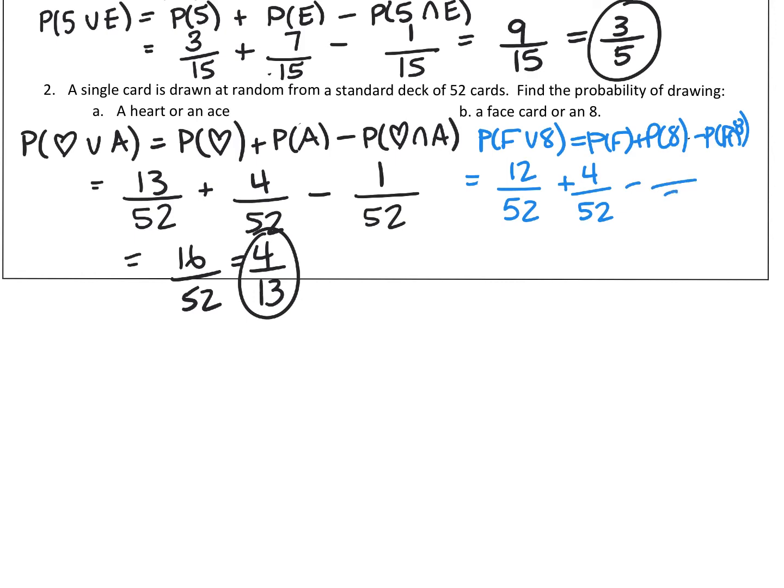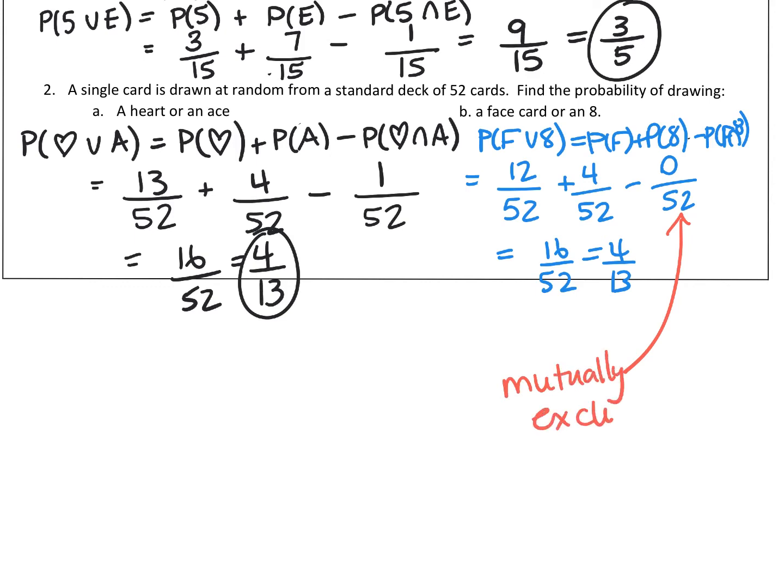Then how many face cards are also 8s? Well, there are 0, right? There's nothing there. So it's just going to be 12 plus 4 is 16 out of 52, which comes out to 4/13. Now, because there was 0 overlap, these two events are what we call mutually exclusive. Mutually exclusive means that there's no overlap between the two of them.